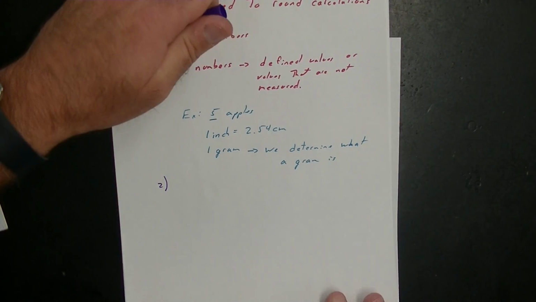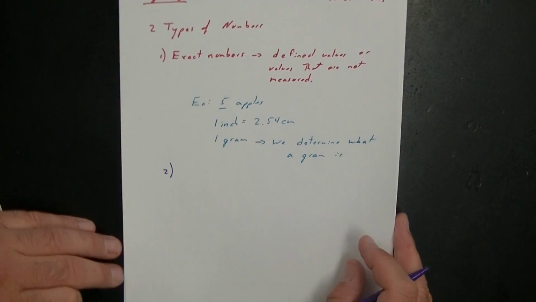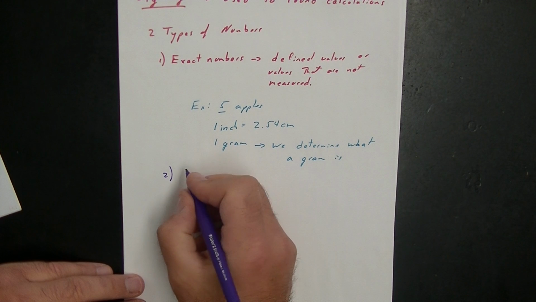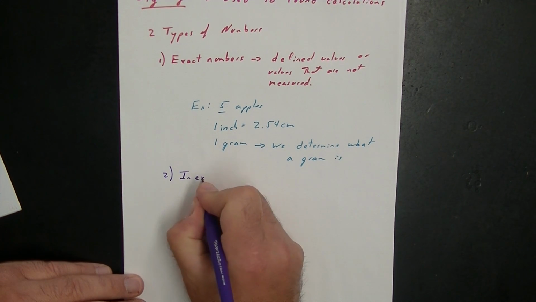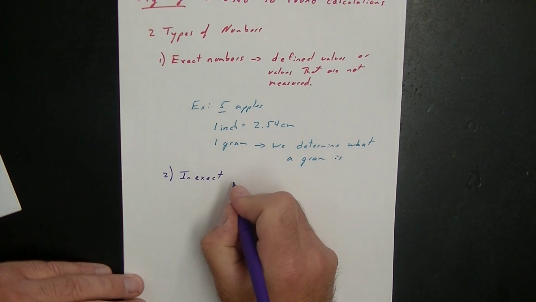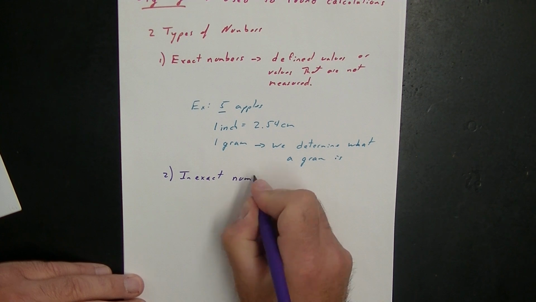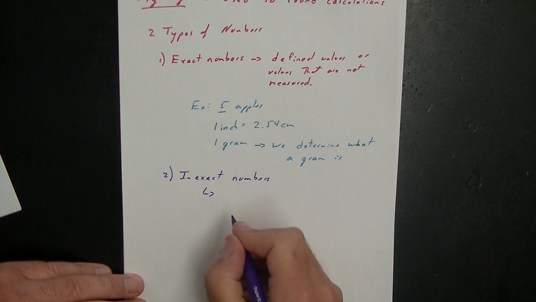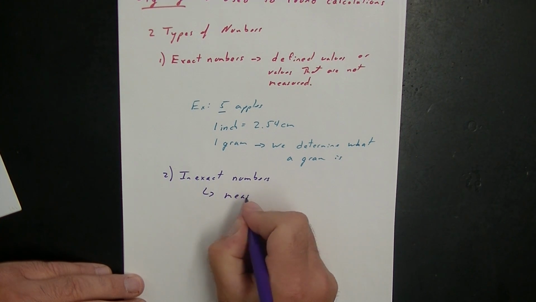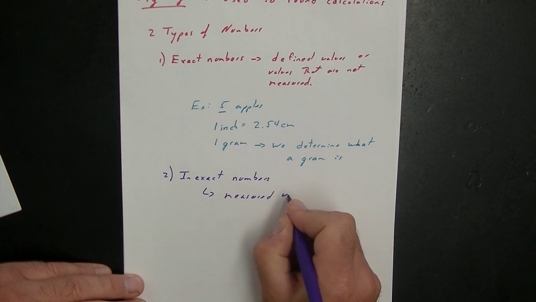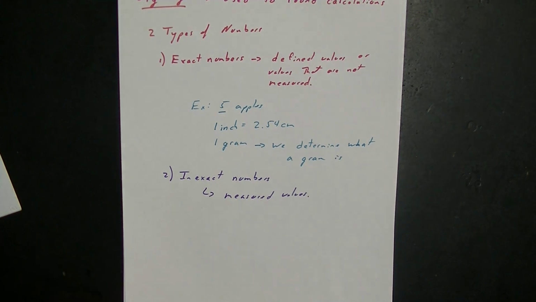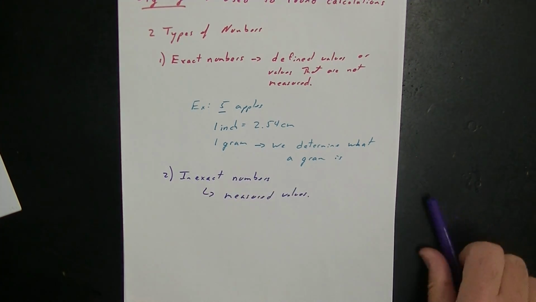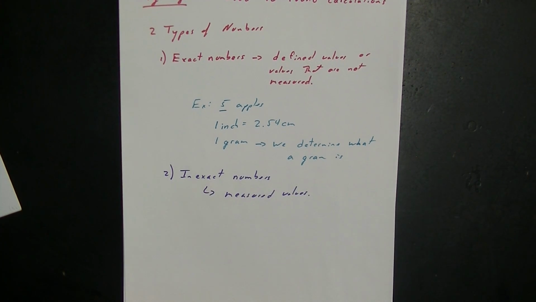Our second type of number are inexact numbers. And our inexact numbers are all measured values. Now, why are measured values inexact numbers?